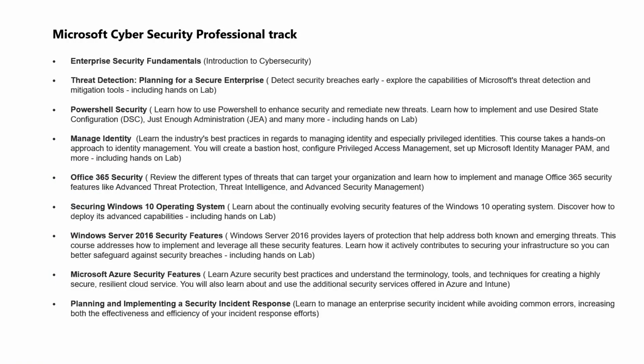After completing all the courses, you will be comfortable implementing, configuring, and supporting the Microsoft security services. So please take a moment to look at this slide, which shows all the courses from the track and a few words about each course.